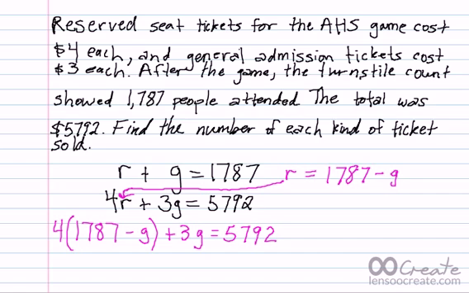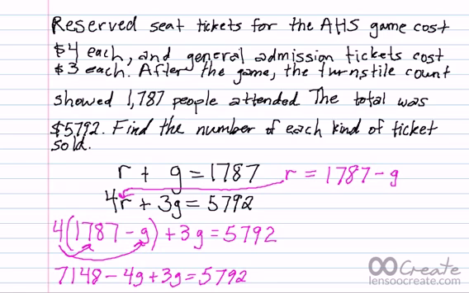One equation, and the only variable we have is G. So I'm going to solve for G. Distribute: 4 times 1,787 gives me 7,148, minus 4G plus 3G equals 5792. Alright, it is a process, but we're getting there.